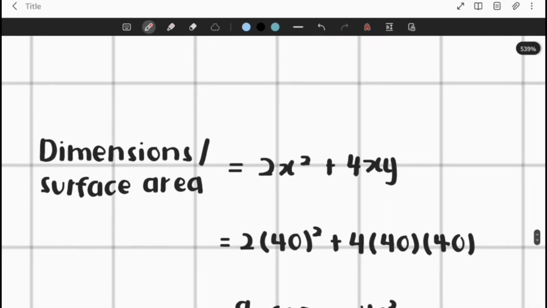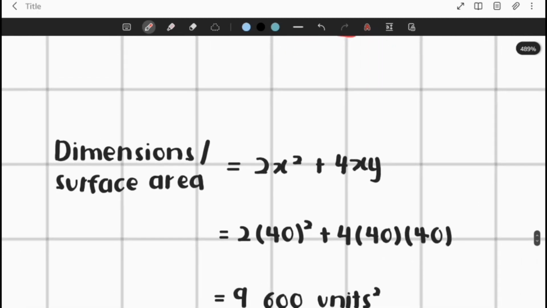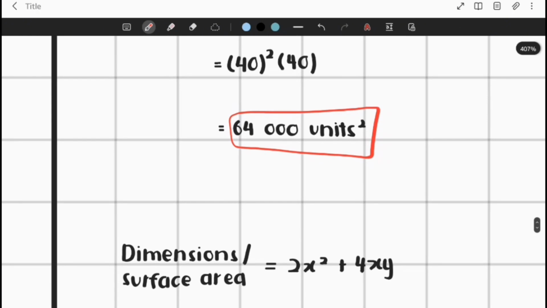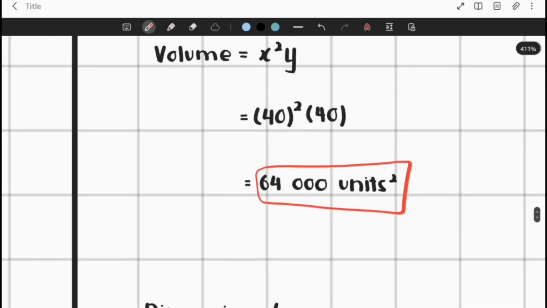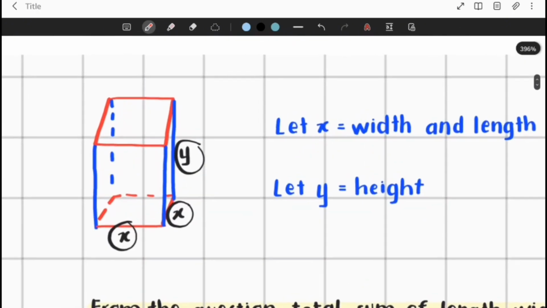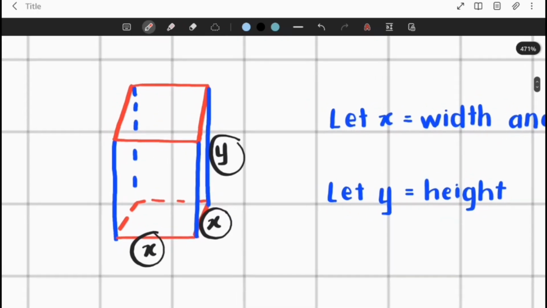Next, we want to find the surface area of the square base box by using the formula 2x squared plus 4xy. So where do I get 2x squared plus 4xy? Let's look at the drawing that I drew. The red one is the square surface area, and the blue one is the rectangular surface area.